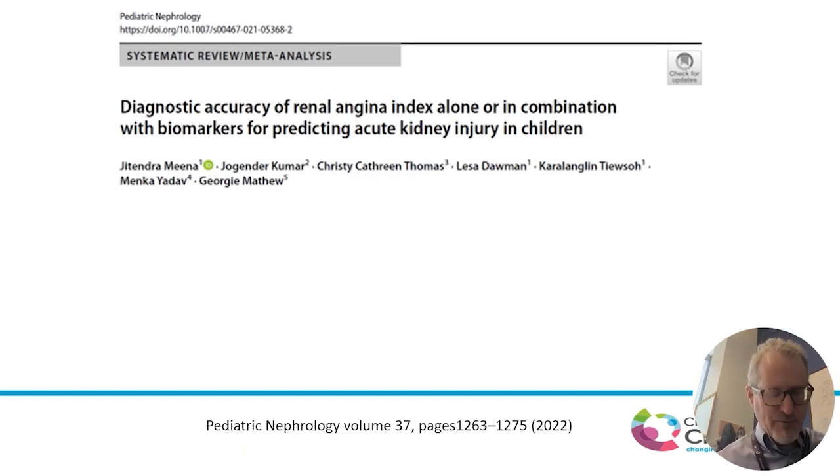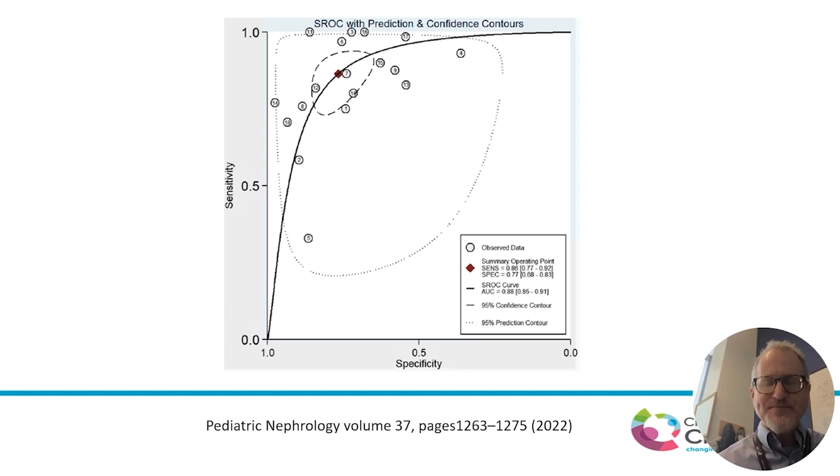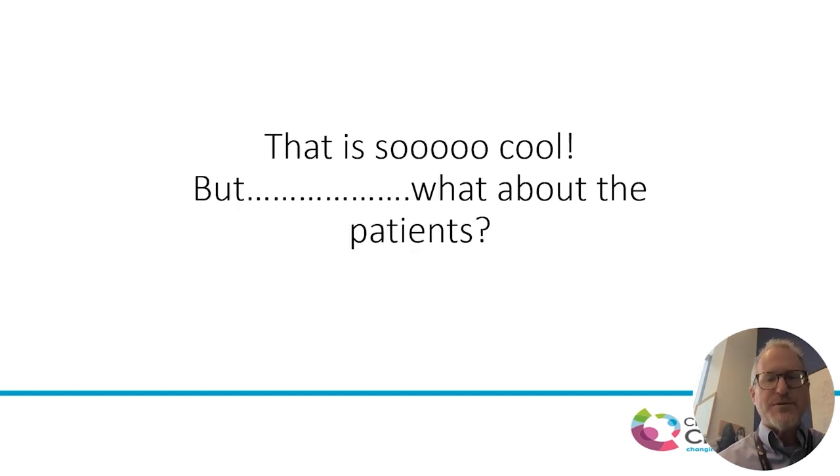The RAI with and without biomarkers has been the subject of systematic reviews, and an independent systematic review has shown that the RAI by itself has an AUC of 0.88, which is very good, with high sensitivity and specificity for ruling in or ruling out the risk of stage 2 AKI. And when you add NGAL to it, that positive predictive value nearly doubles.